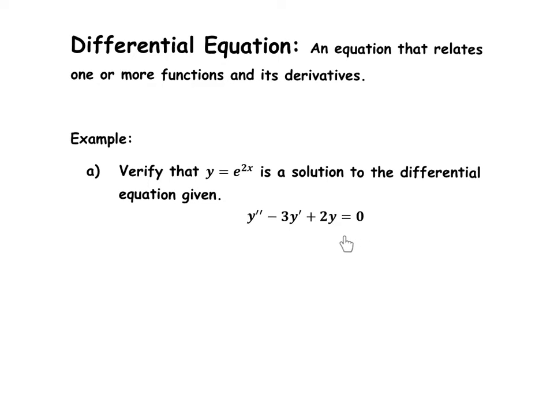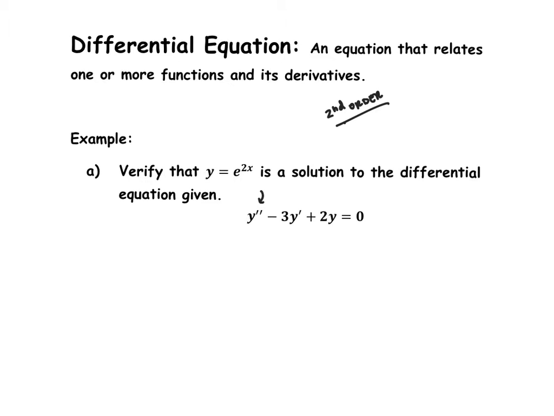Now this is considered a second order differential equation, and the reason why is because I've got the second derivative of y involved as the highest order derivative. Okay, so let's look at this example and determine what it is it's asking us to do.